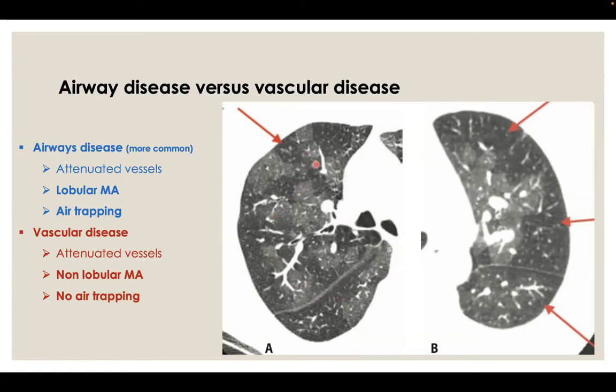But if you are still confused and cannot discriminate the lobular pattern of the low density areas clearly from the geographic, non-lobular look of the low density areas, as here in this vascular disease, then you will ask for the expiratory scan. In the expiratory scan, there will be air trapping in case of airway disease. But if it is vascular disease, there will be no air trapping.